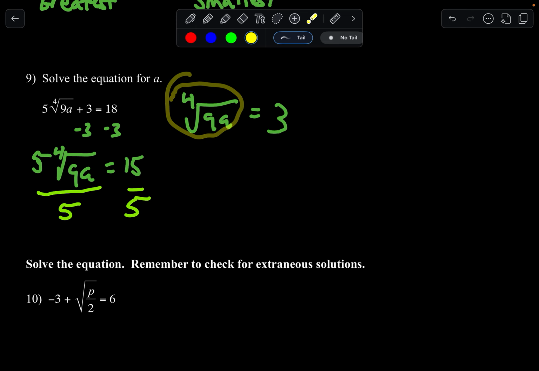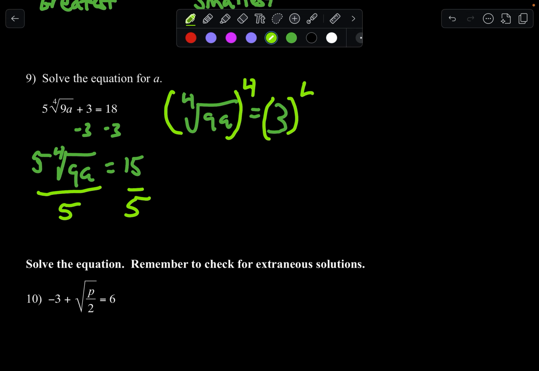So to get rid of a fourth root, we would have to raise both sides to the fourth power, because they undo each other. If this had been a fifth root, then it'd be to the fifth power. If it had been the square root, it'd have been squared, or to the second power. But this is the fourth root.